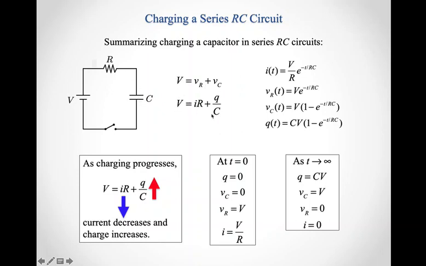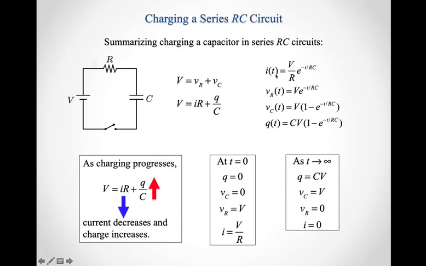And I know how to calculate those things. The voltage across the resistor is going to vary because the current varies. The voltage across the capacitor is going to vary because the charge on the plates varies.